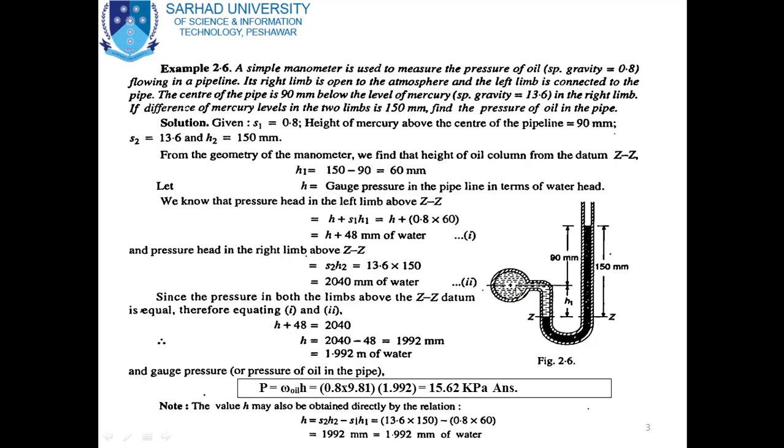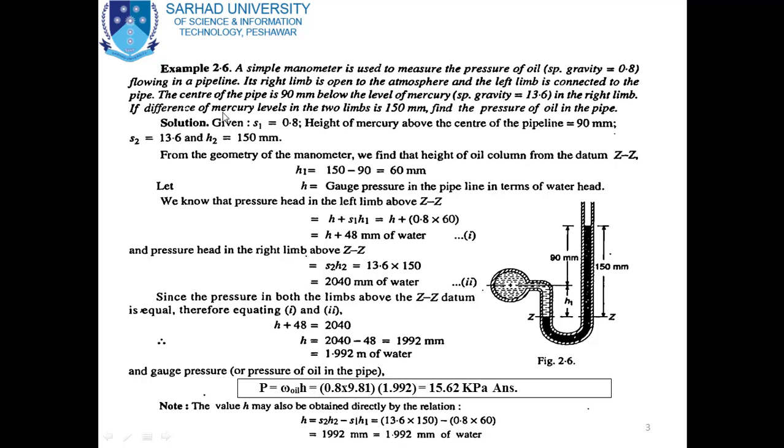The center of the pipe is 90 mm below the level of mercury, and the specific gravity of mercury is also given, which is 13.6. The difference of levels in the two limbs is also given, which is 150 mm. We have to find the pressure in the pipe.